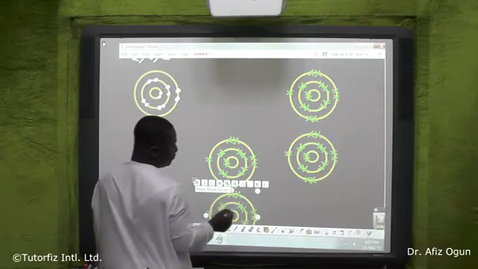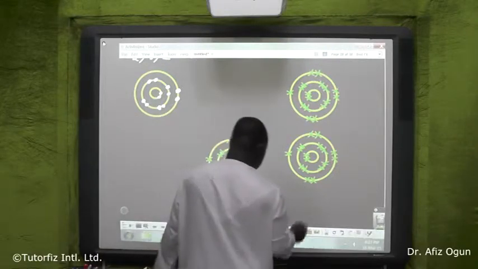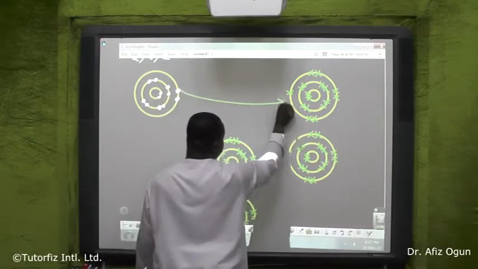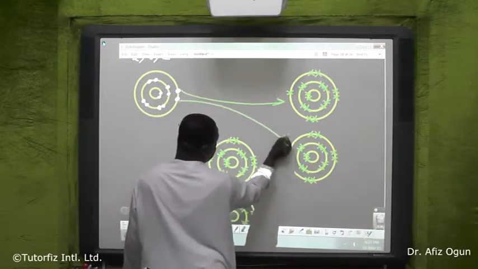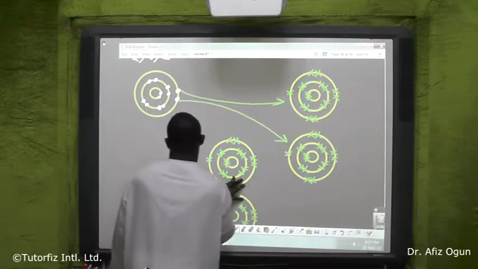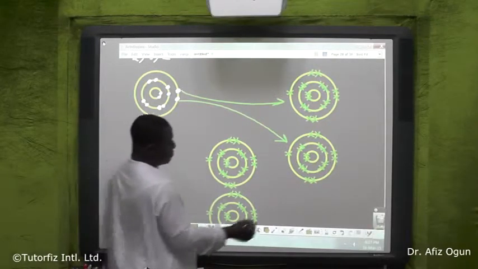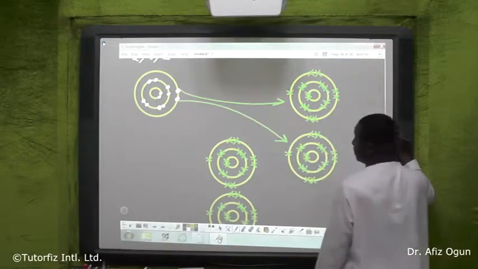So this is what you are going to see. This one moves there, and this one moves there. That's the first step.